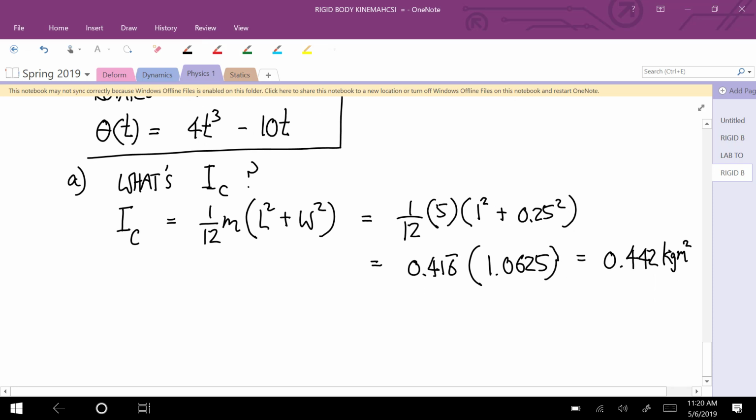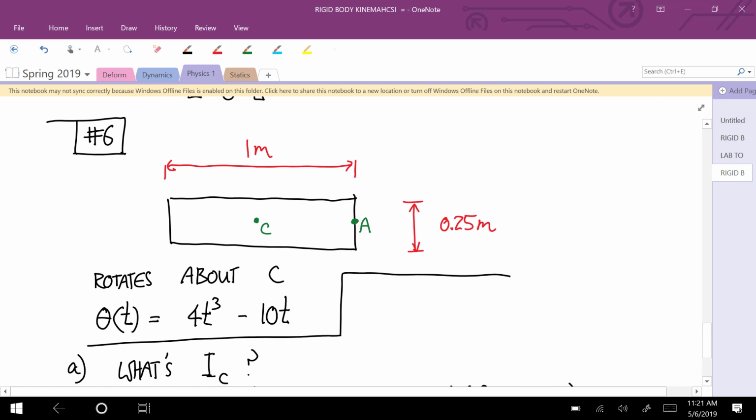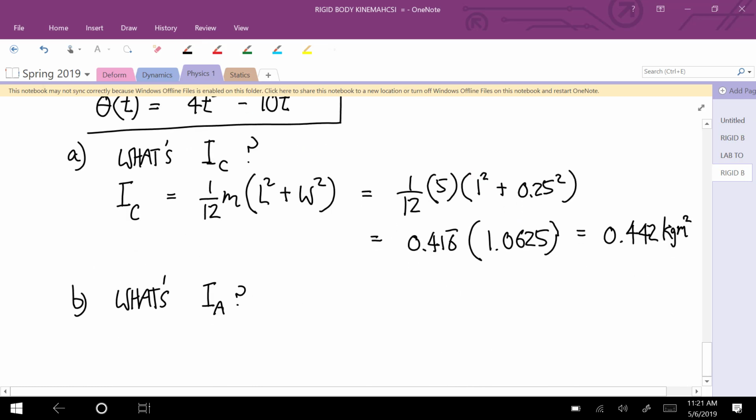And then for part B, we're going to calculate the mass moment of inertia about A, the point A on the right. That one is not at the center of mass, so we're going to have to use the parallel axis theorem. So the mass moment of inertia about A is equal to the mass moment of inertia about the center of mass, that's what we just calculated, plus the mass times the distance squared from the center of mass to the point.